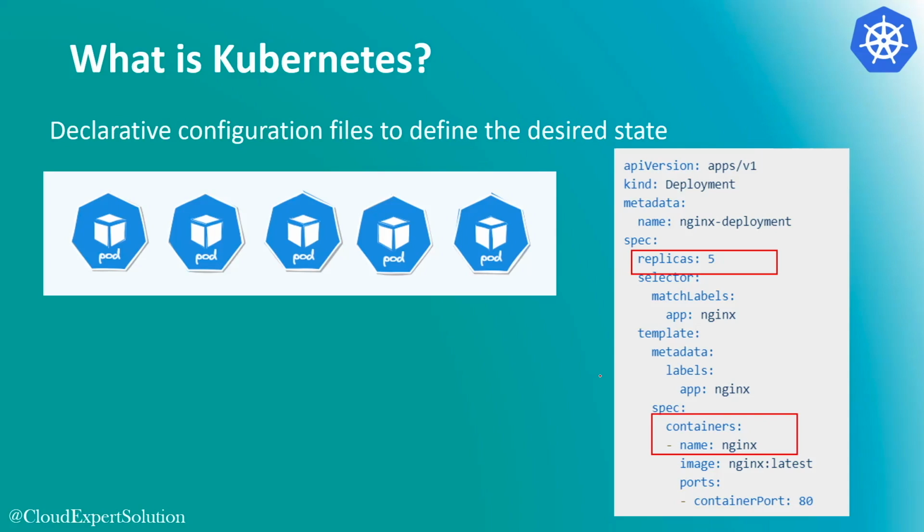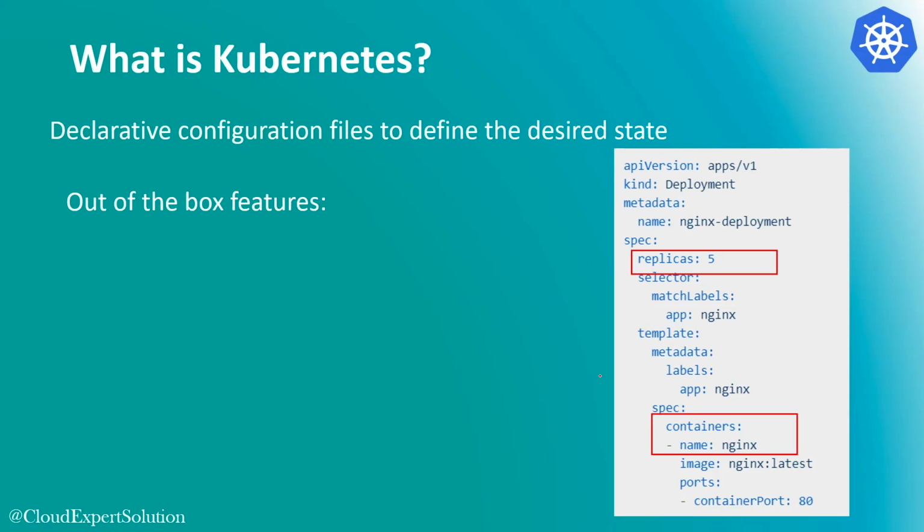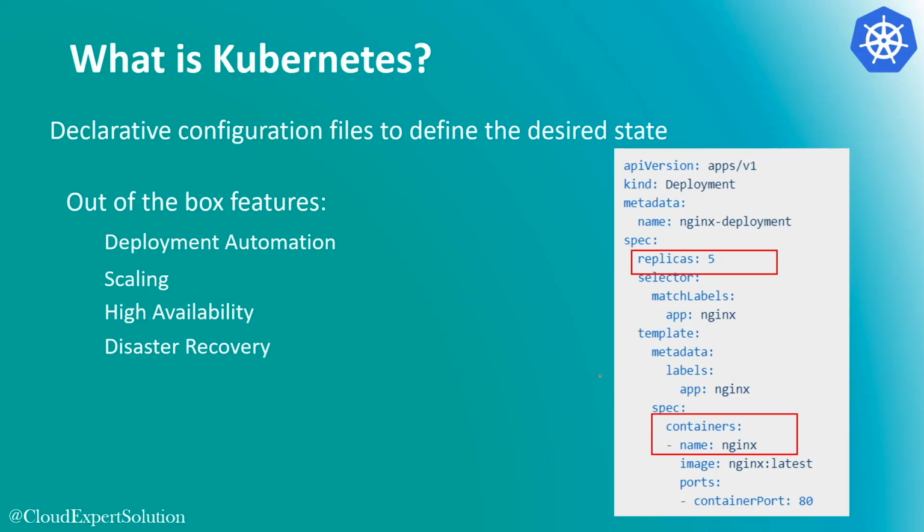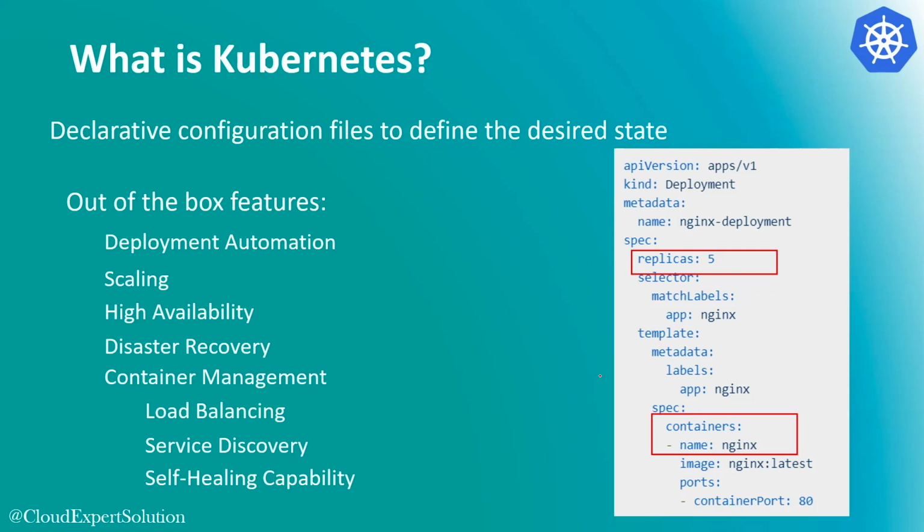At any point of time, if one of the pods dies or crashes due to different reasons, maybe the container inside that pod crashed, or it does not have the resources to run that container, then Kubernetes will launch a replacement pod on top of that. Kubernetes also provides out-of-the-box features like deployment automation, scaling, high availability, disaster recovery, and container management activities like load balancing, service discovery, and also self-healing capabilities.